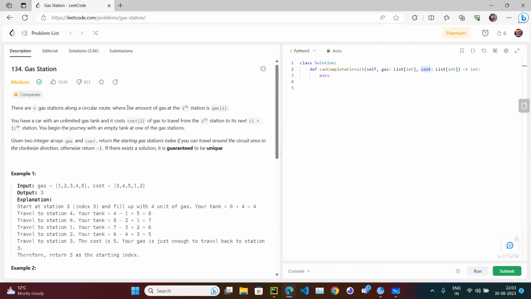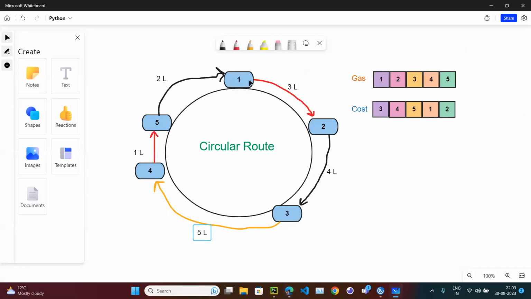Where the amount of gas at the ith station is gas[i]. It means the gas at the station I'm highlighting with the cursor is gas[i]. So at the first station, what is the amount of gas?